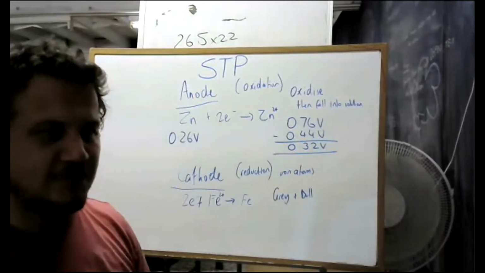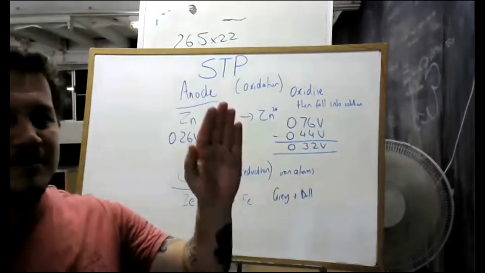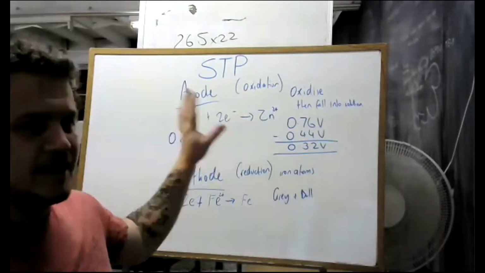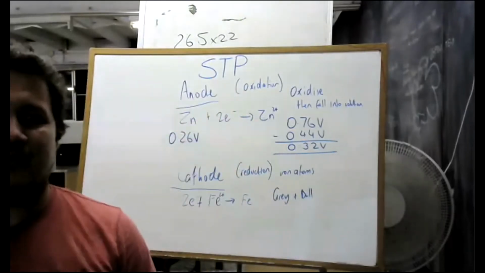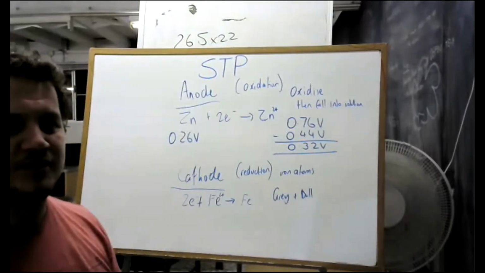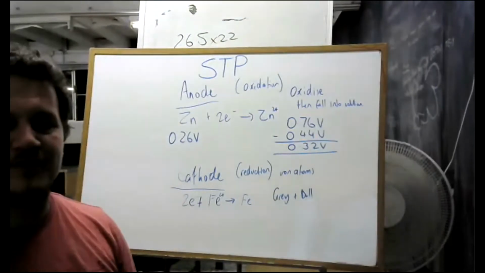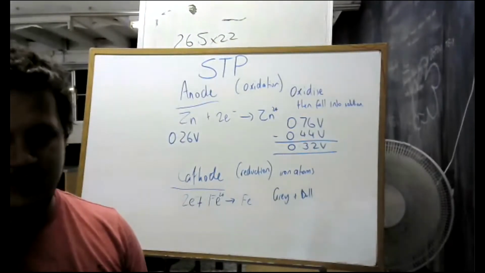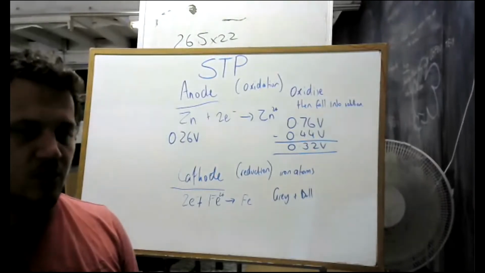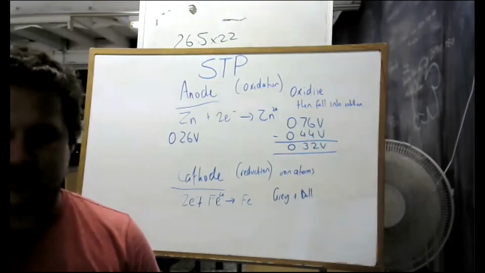So if it wasn't 25 degrees, if it wasn't 1 atmosphere of pressure, and the electrolytes must have 1 mole per liter concentration. And if the cathode and the anode have impurities on them or they're not pure, all of this can reduce the voltage produced.